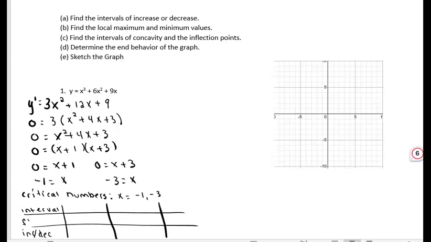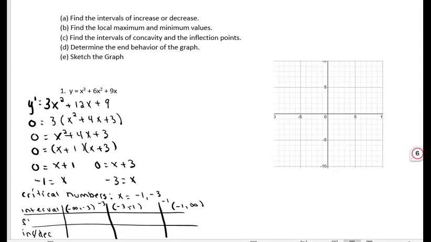So -3 and -1. So this will be -3 right here, and this will be -1. So if I look at my intervals, that means that we go from -infinity to -3, and then -3 to -1, and then -1 to infinity. All right, so there's our intervals.